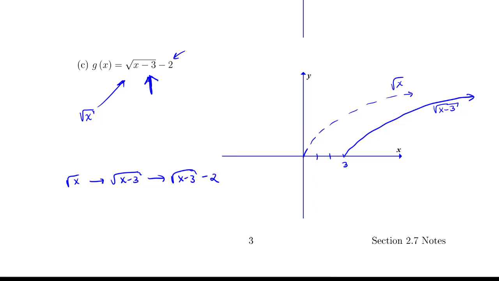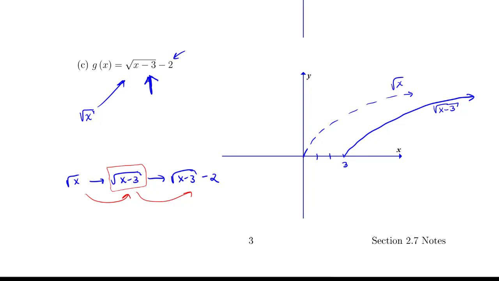The big difference here is, in this first step, from here to here, the modification was just made on the x. But now if we consider square root of x minus 3 our new function, when we go this way for this next step, that minus 2 is made on the whole previous function, not just the x value. That's why this turns out to be a shift down by 2.